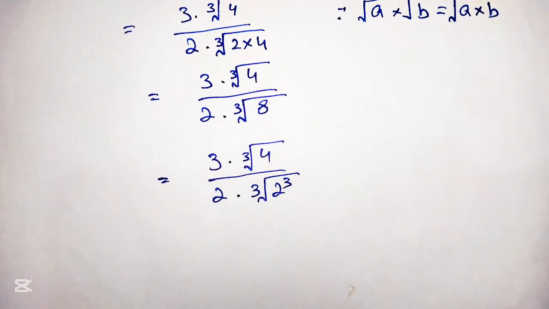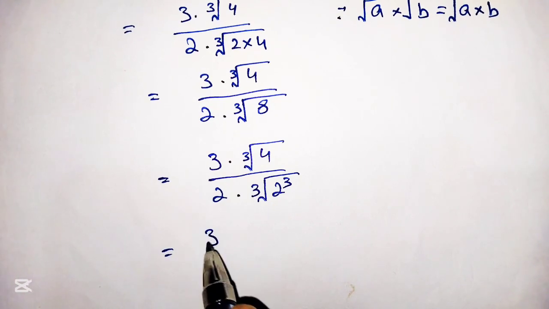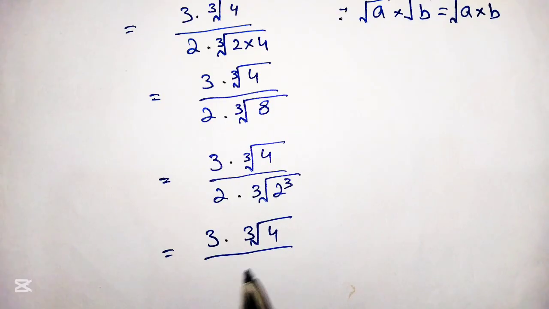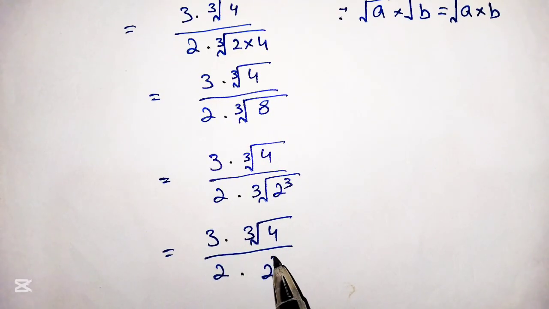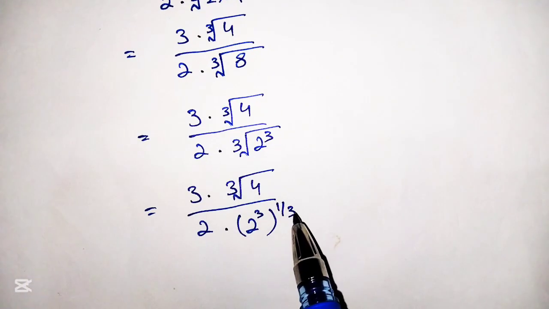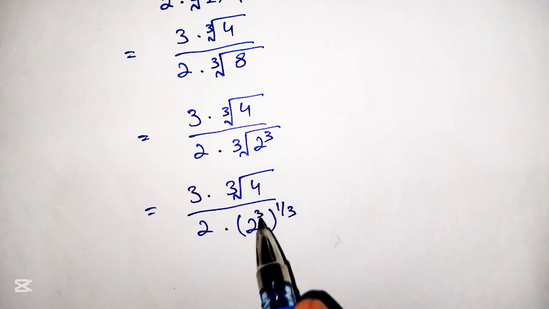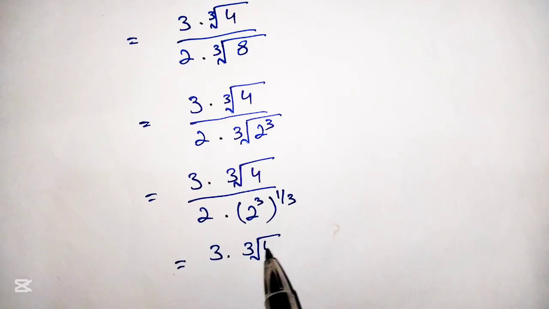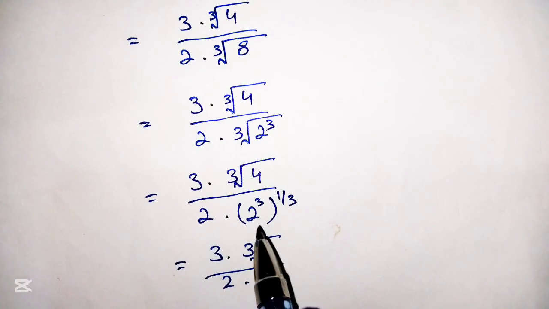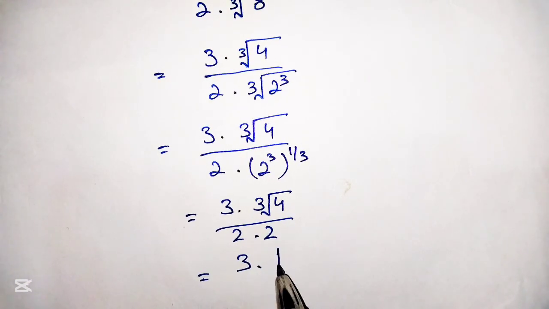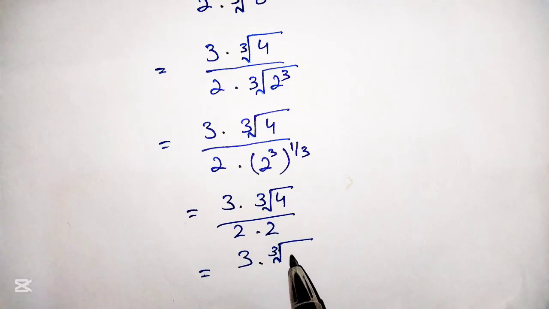Now we can write it as 3 times the third root of 4 divided by 2 times 2 raised to power 3, and eliminating this root as 1 over 3. Now both these powers will multiply and this 3 cancels out with this 3, and we will get here 3 times the third root of 4 divided by 2 times 2.